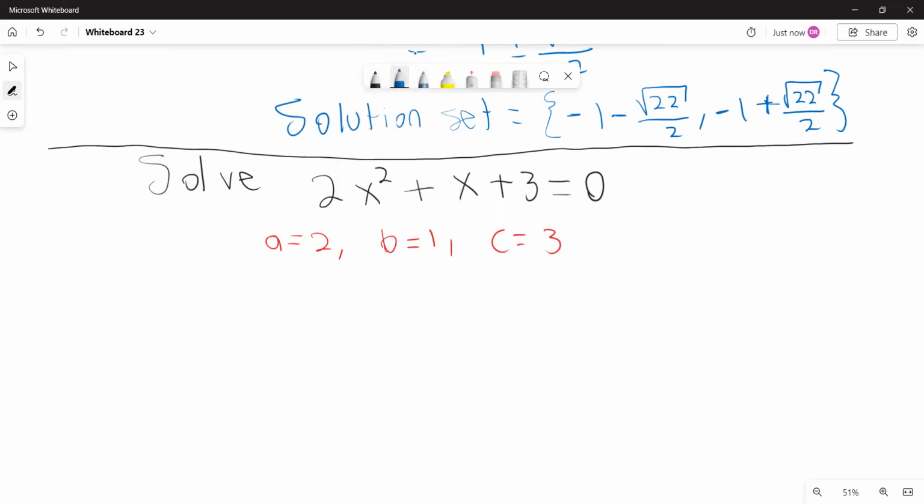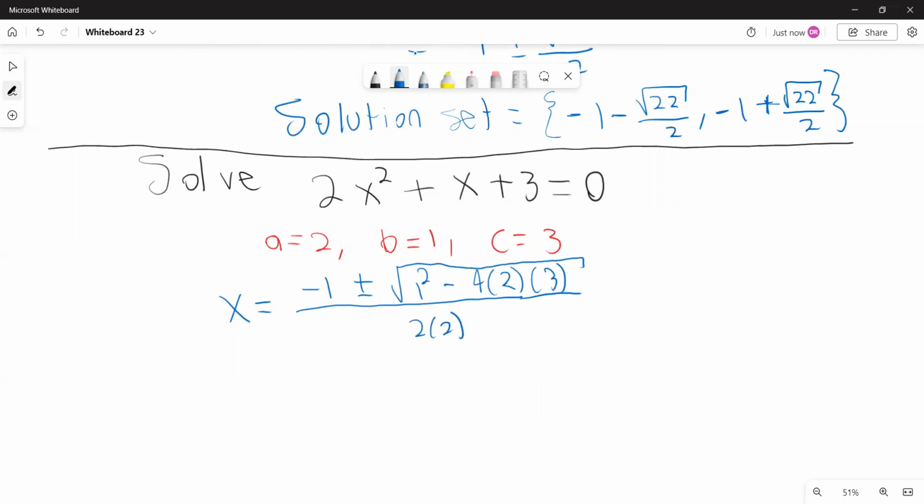So let's plug this into the quadratic formula. This is -1 plus minus the square root of 1 squared minus 4 times 2 times 3, over 2 times 2. Okay, so this is -1 plus minus 1, and then 4 times 2 is 8. 8 times 3 is 24.